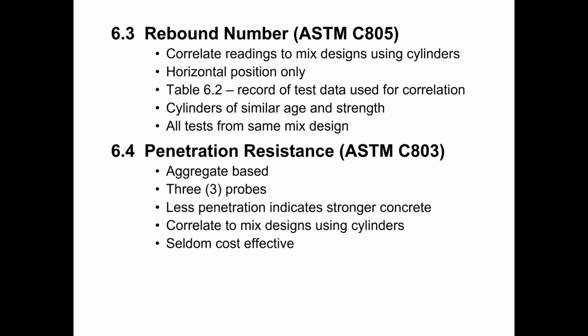Generally, we're going to shoot 3 pins into the concrete and average the penetration for those 3 as we establish our concrete strength. Keep in mind that there are some things that can interfere with this test. If our mix design incorporates larger coarse aggregate particles, then if one of the pins happens to hit right on a coarse aggregate particle, then that's going to affect the average of our 3 readings.